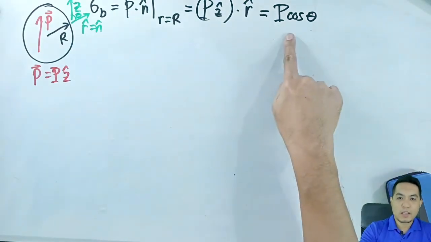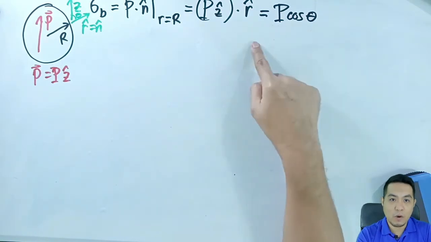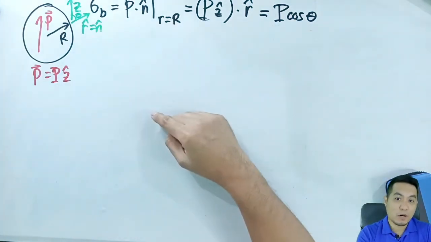Okay, so what does this bound charge density mean? When theta is equal to 0, cosine 0 is 1, so you have the maximum bound charge density.